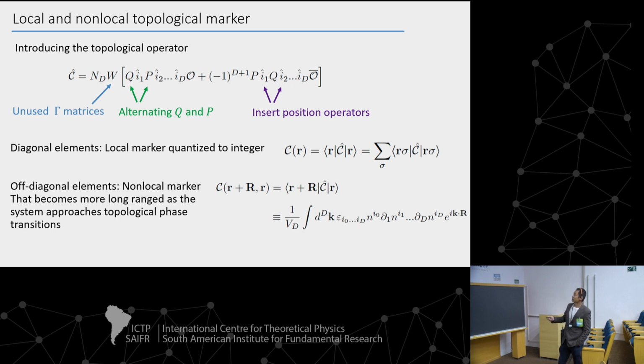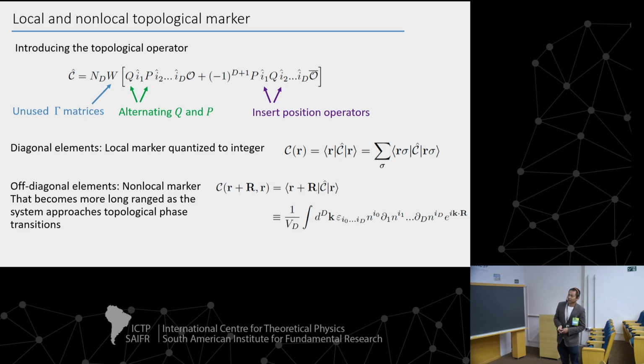Now, if you Fourier transform a diverging function, you get a decaying function in real space. Because it becomes more and more diverging in momentum space, in real space it becomes more and more long range. So this is what we propose to be a universal correlation function for any topological material.